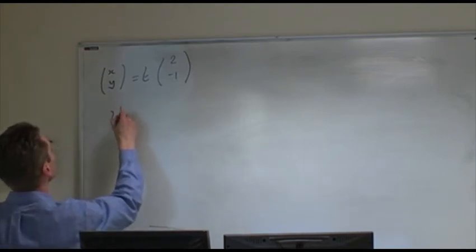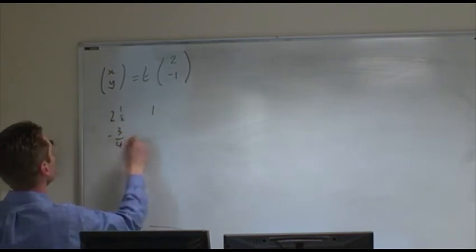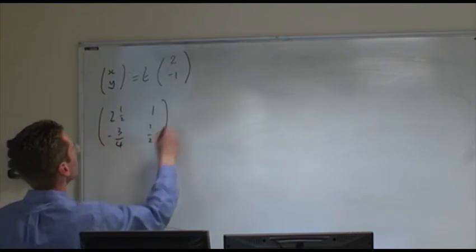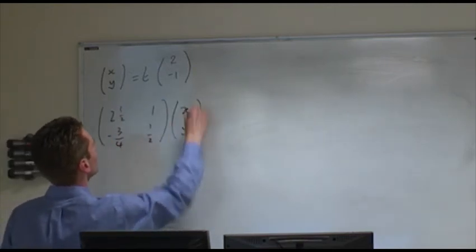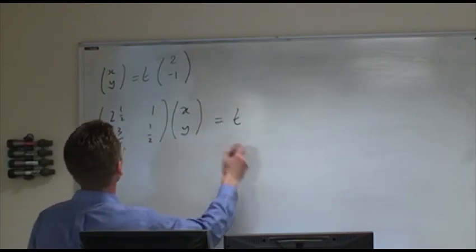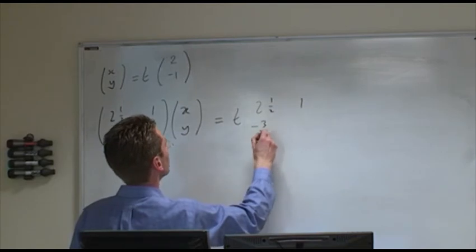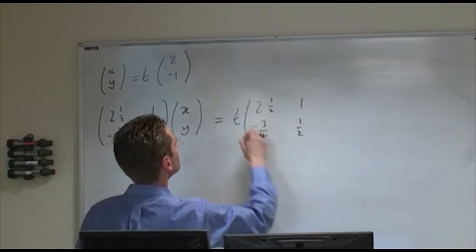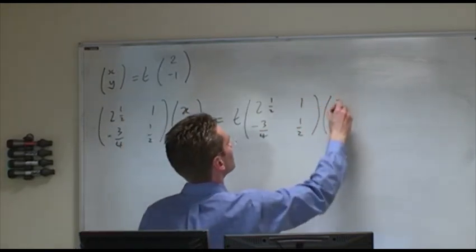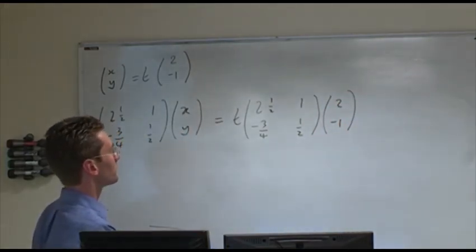So I get the matrix (2.5, 1; -3/4, 1/2) times my vector (x, y). The t, I can move out the front. So I get the matrix times the vector (2, -1).